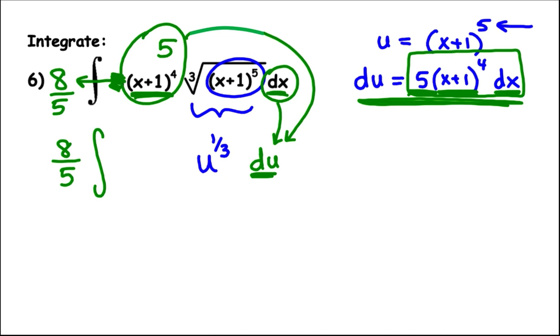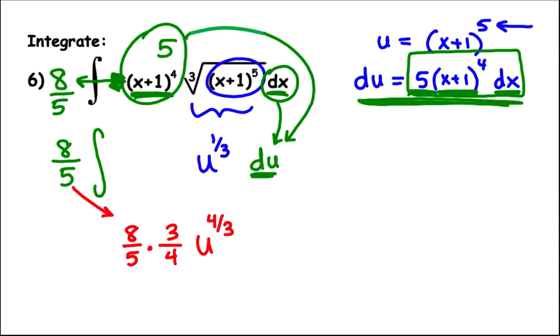I'll do that in red, up by a power, so u to the 1/3 becomes u to the 4/3 when I add 1. I have to divide by the new power, which means I'm multiplying by the reciprocal 3/4. There's still the 8/5 in front. Come on over, join the fun, come back in again.